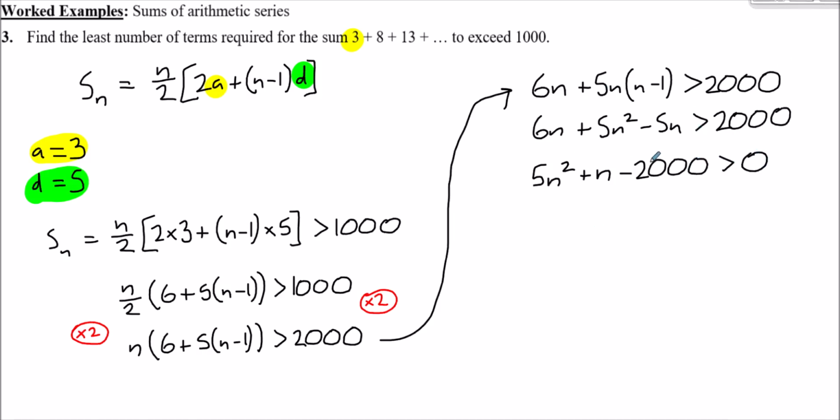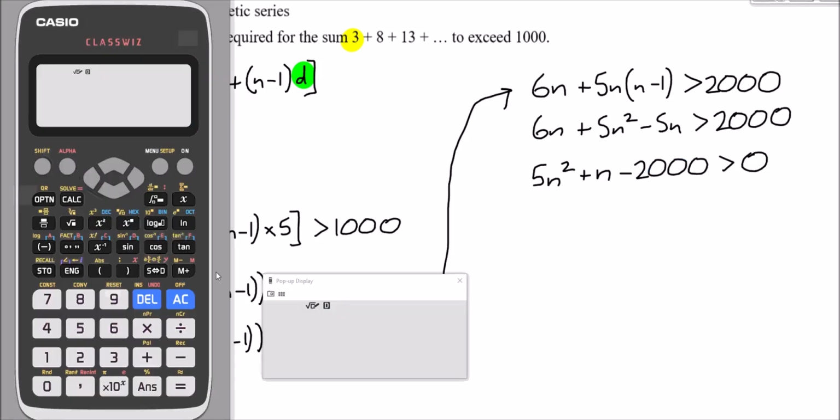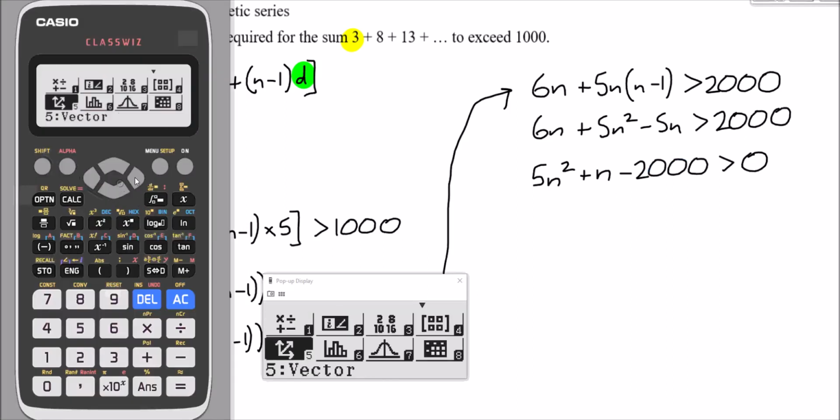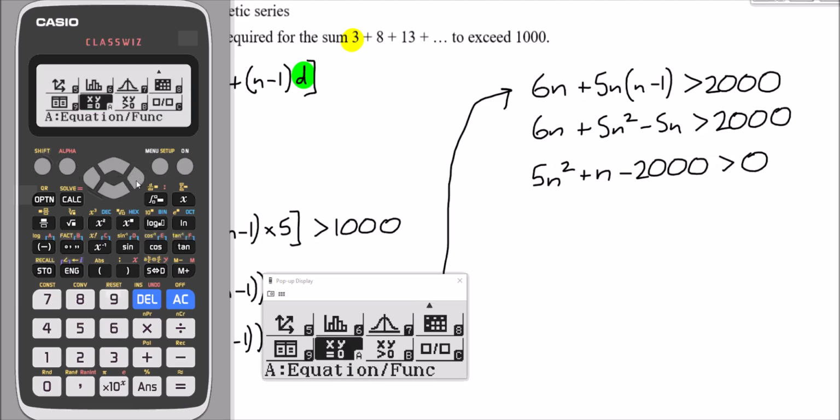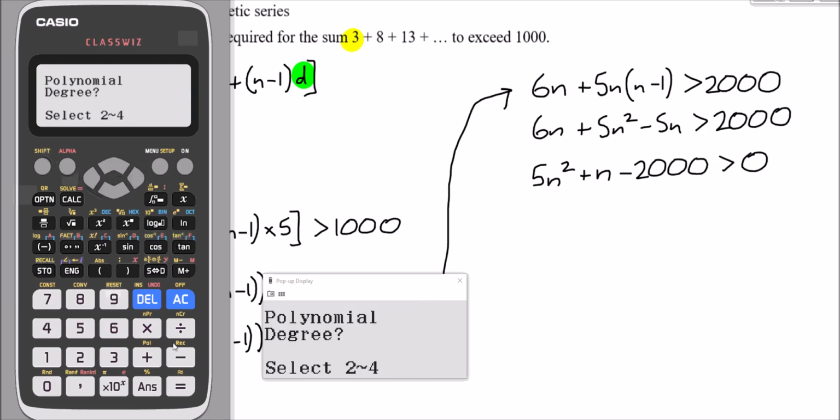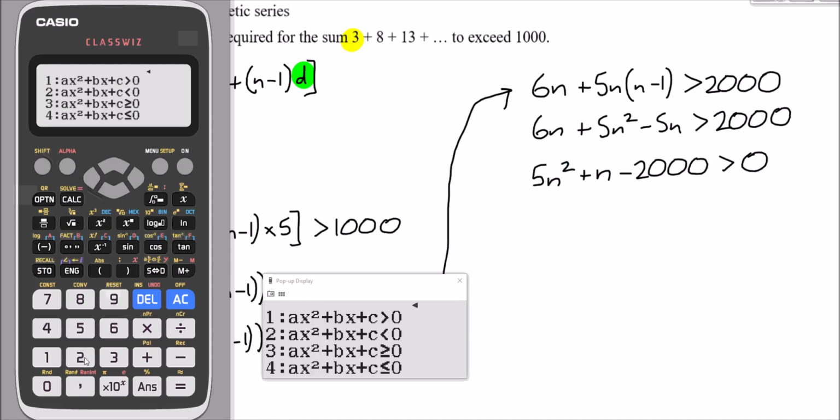So we've got a quadratic inequality to solve, and the good thing to know is the ClassWiz can do this for us very comfortably indeed. If we get the calculator, press menu and scroll along until we get to inequality. Press equals. It's a quadratic inequality because it's an inequality of highest power 2, so press 2.